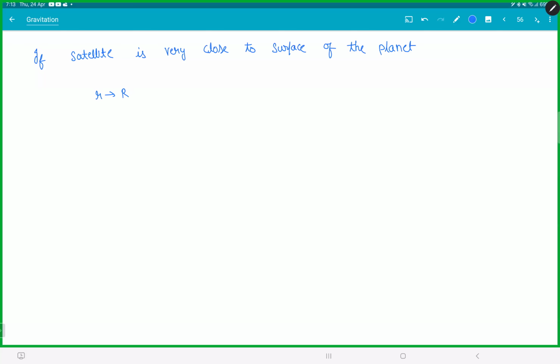Even International Space Station is at a distance of 650 kilometers. It is very expensive, costs you a lot of fuel to go very far. So we generally don't put satellites in a very high orbit. So v orbital becomes root GM by R. This can be written as root over small g R, because small g is GM by R square.